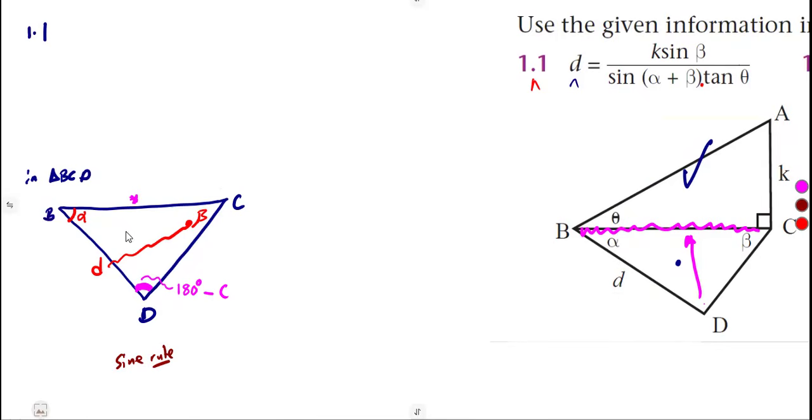The sum of these 2 angles, which is angle alpha and what? And beta. That's alpha plus beta. That's the angle that is at D. So at D, we have an angle there. But what is it that we do not have? It is the side BC.